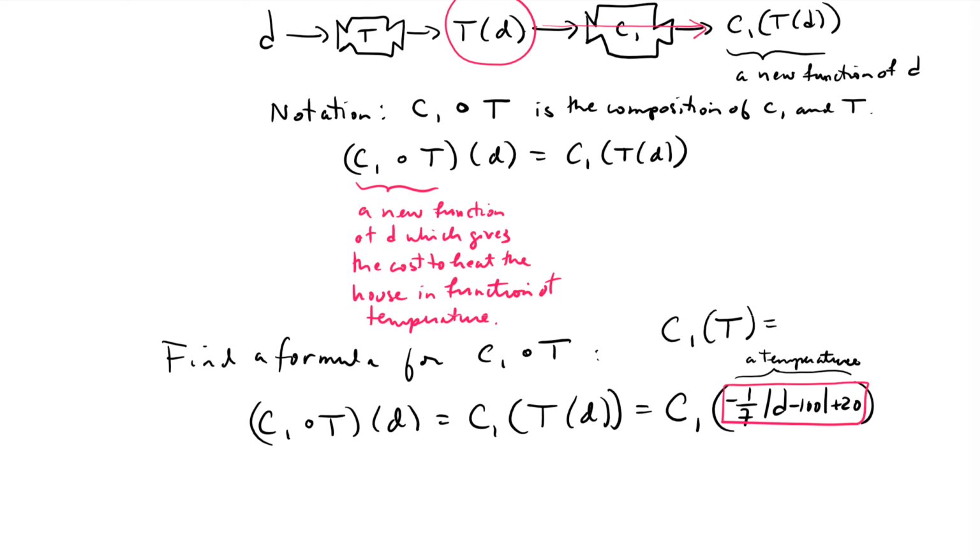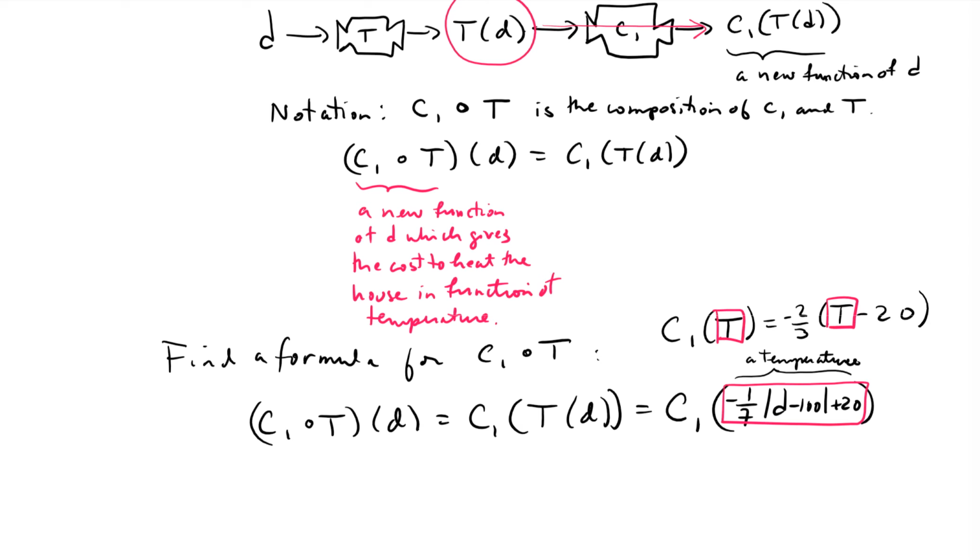It's minus 2/3 t minus 20. So now we've got an input which is a temperature, so we need to replace that input into the formula.